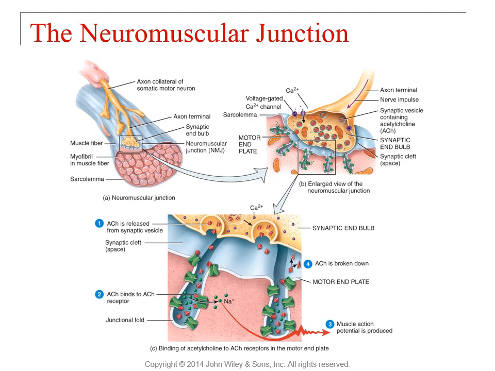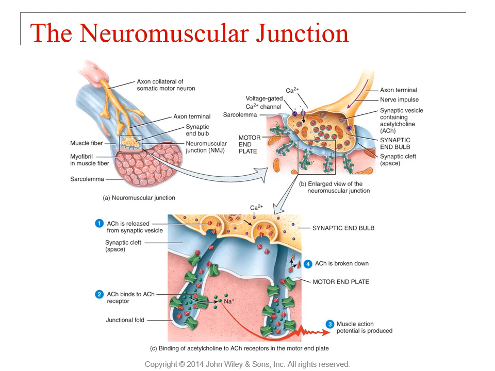So you can see the voltage-gated channels for the calcium. So calcium rushes in, and then as you pass into the middle lower portion of the diagram there, you see acetylcholine. Once the calcium is fluxed into the axon terminal, acetylcholine is going to be released through the synaptic vesicle through exocytosis. It's going to traverse across the synaptic cleft and bind with the acetylcholine receptor.